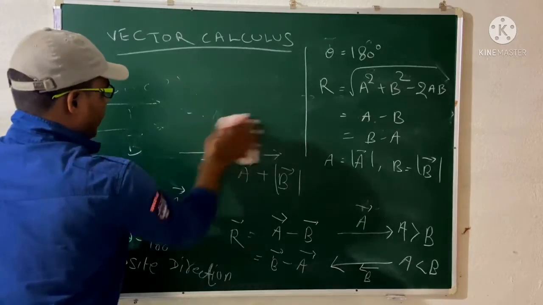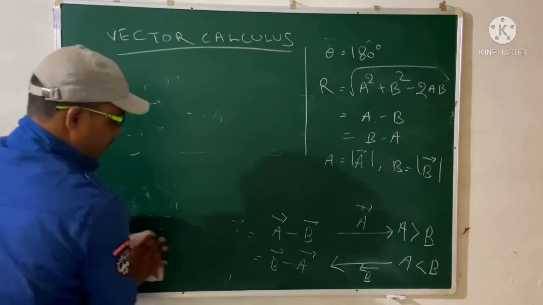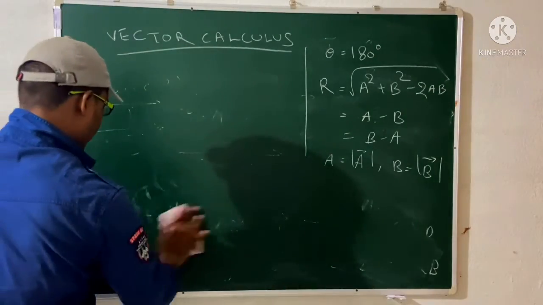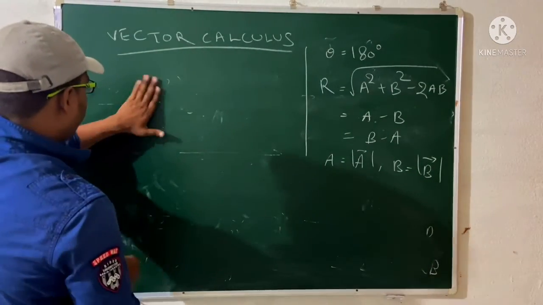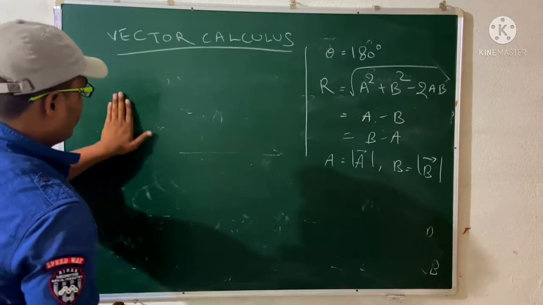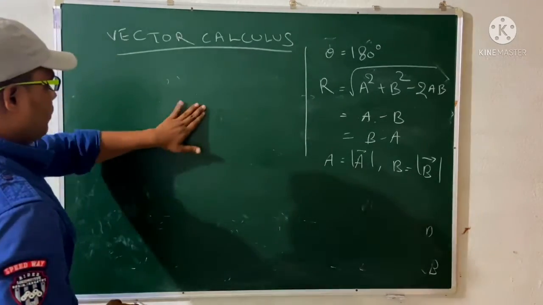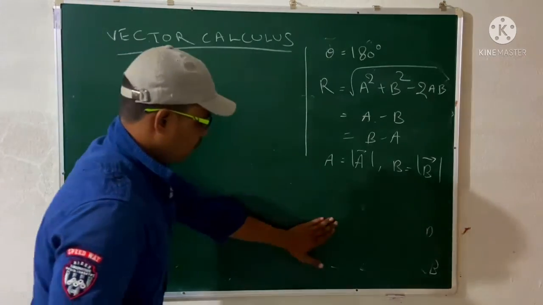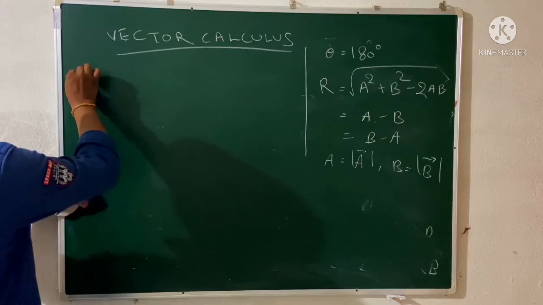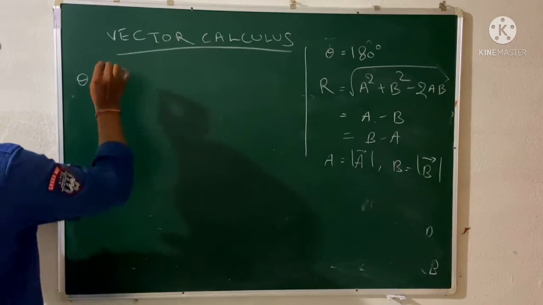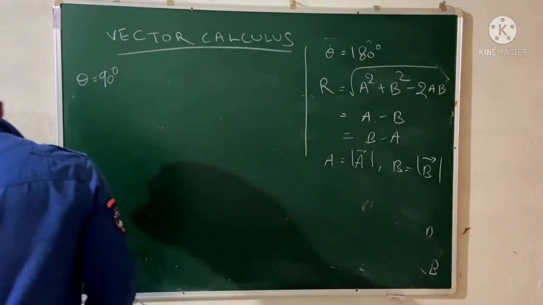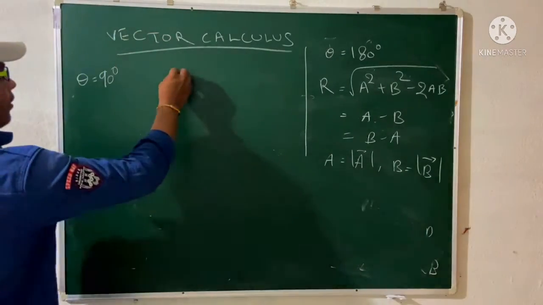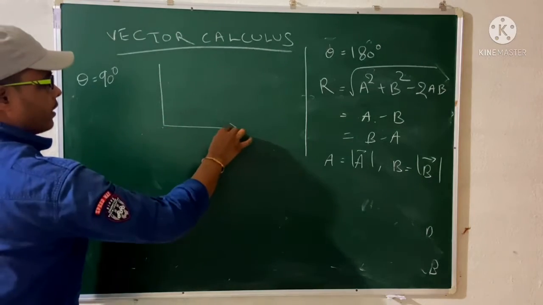Okay, so when theta equals 90 degrees, what will happen? When theta equals 90 degrees, we have two vectors, that is A vector and B vector.